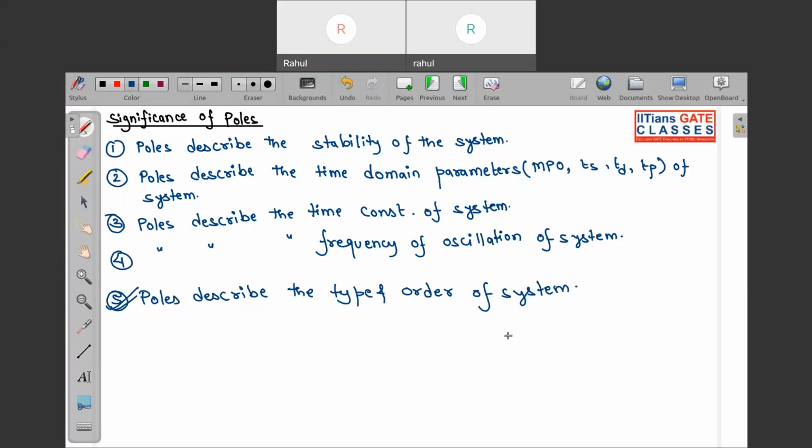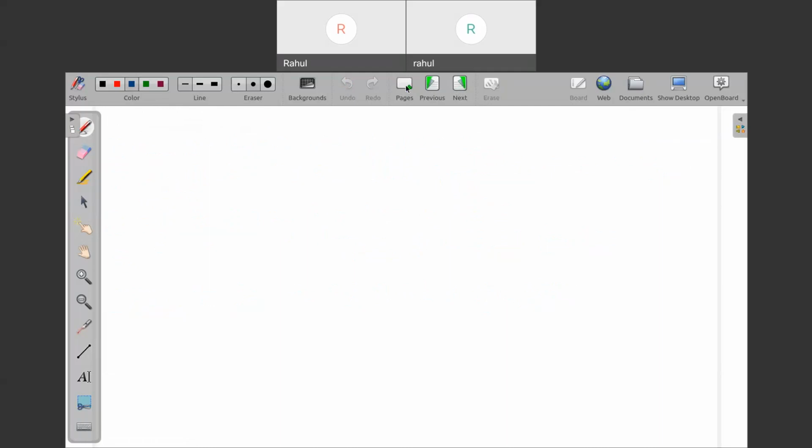Now what is the first point that I have written? That poles describe the stability of your system. How? So first point, let us take: poles describe stability.